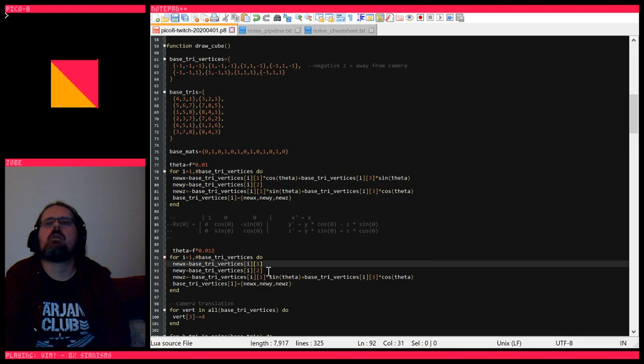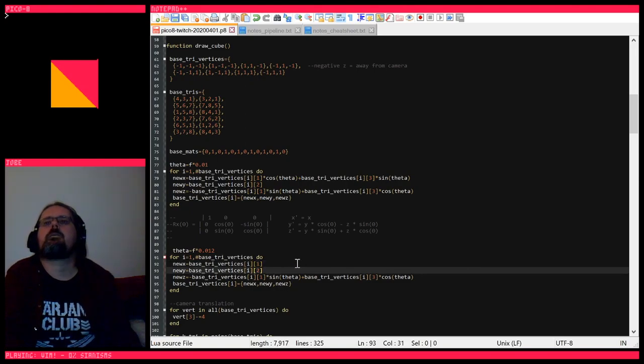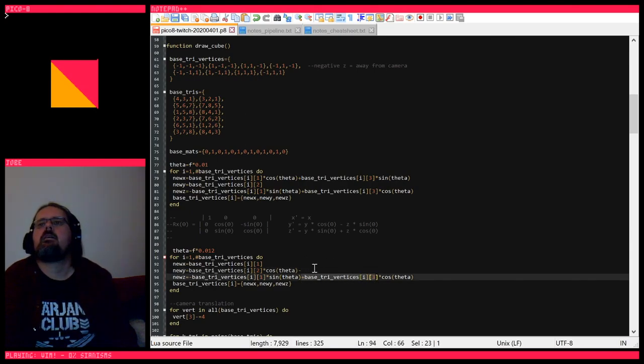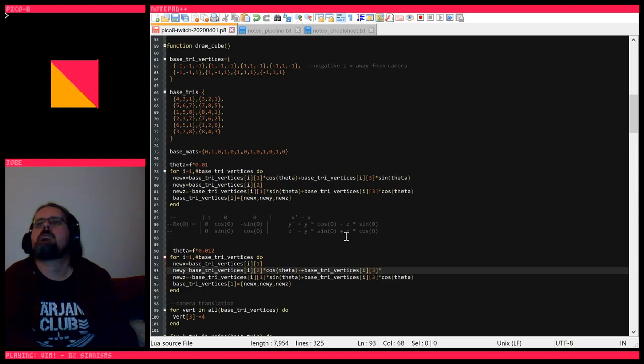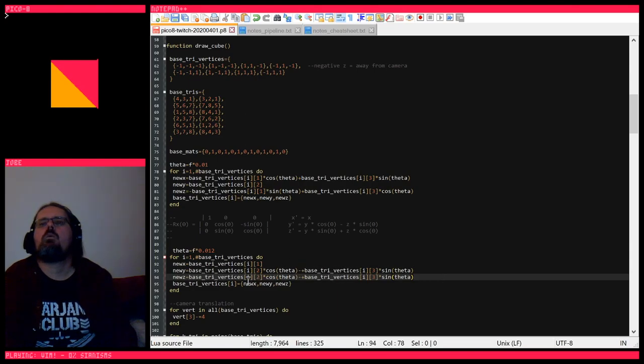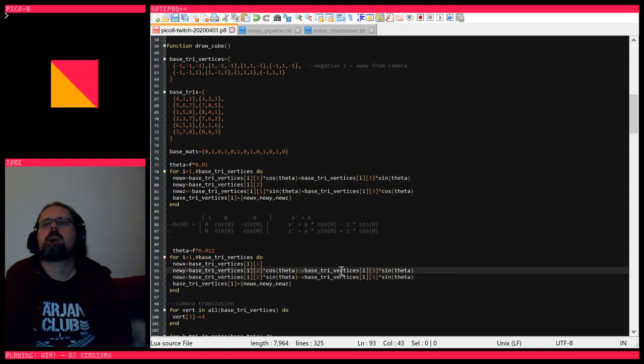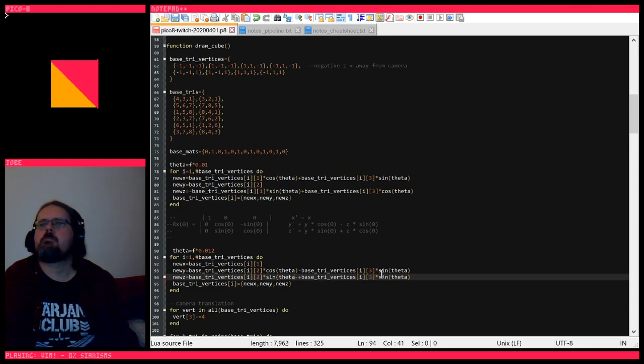Y is going to be y times cosine theta minus z times sine theta, and z is going to be y times sine theta plus z times cosine theta.